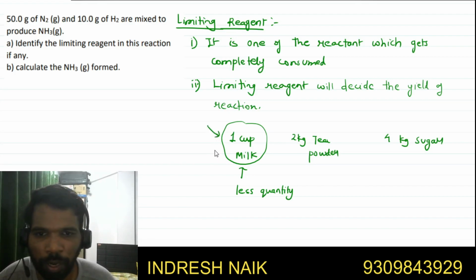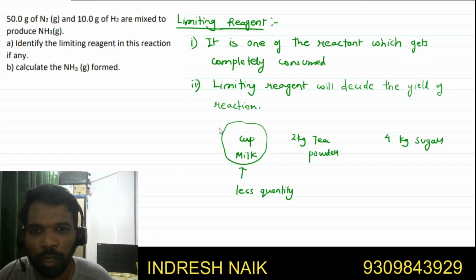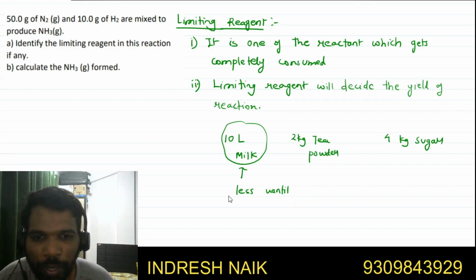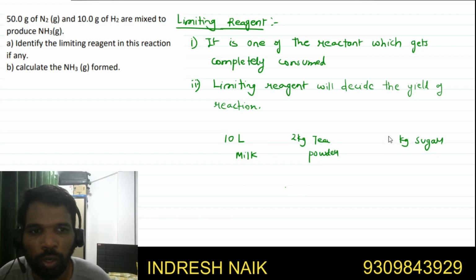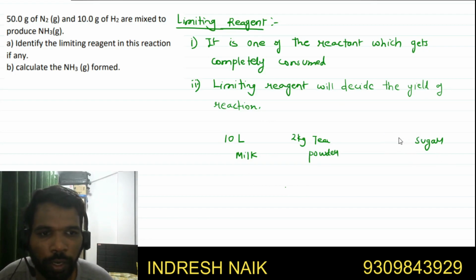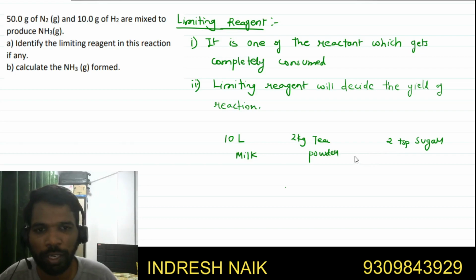For example, let's say you have 10 liters of milk, and now I'm changing the limiting reagent. You have 2 kg of tea powder, but just 2 teaspoons of sugar. What is the maximum amount of tea you can prepare?